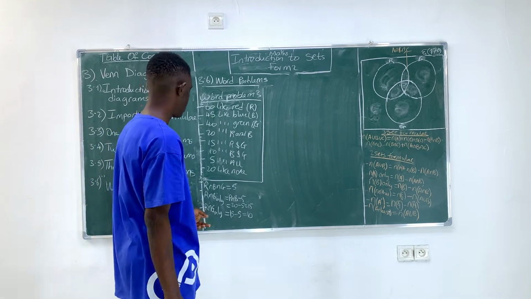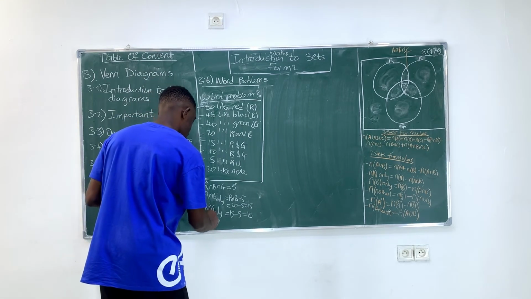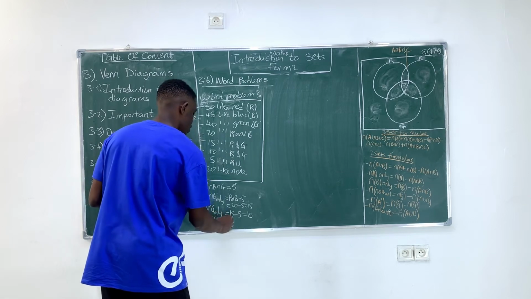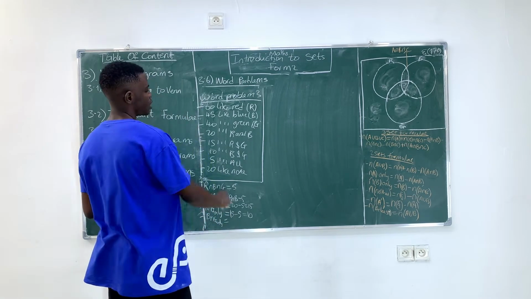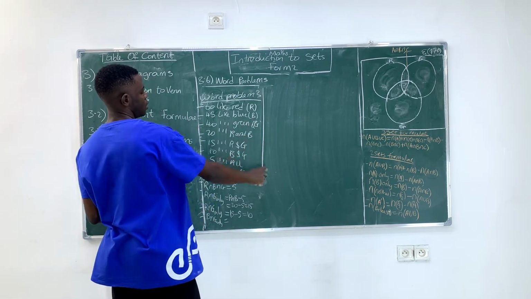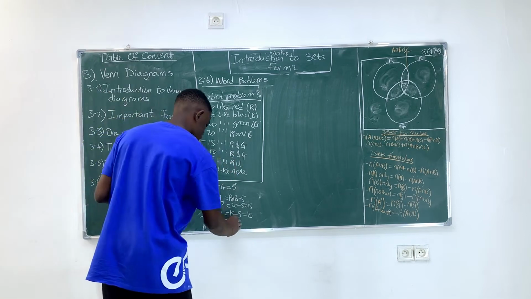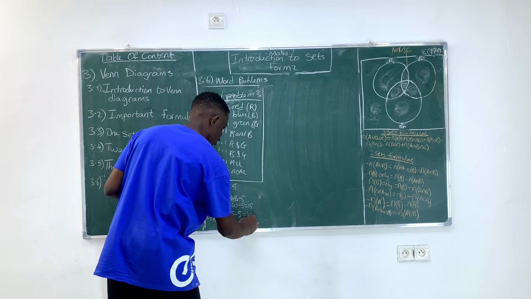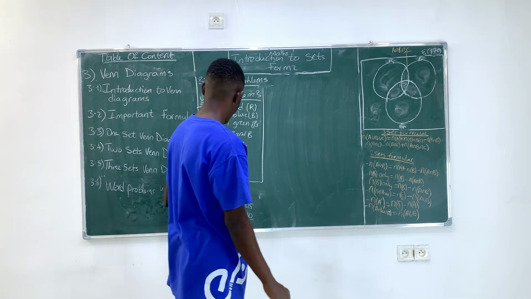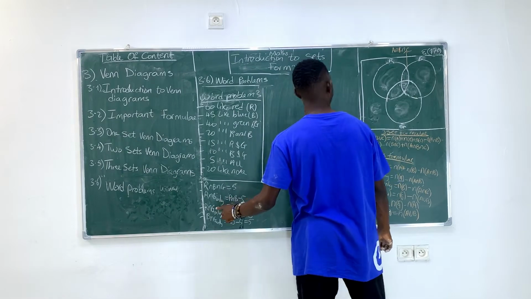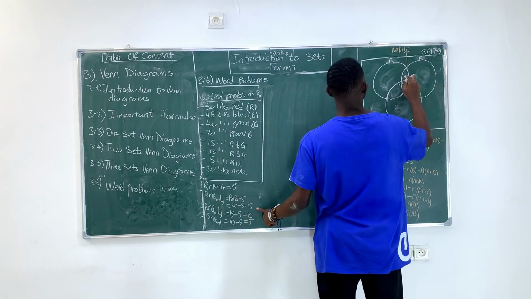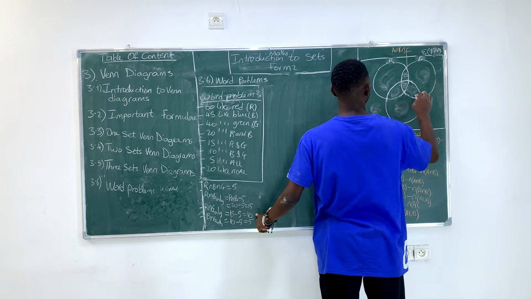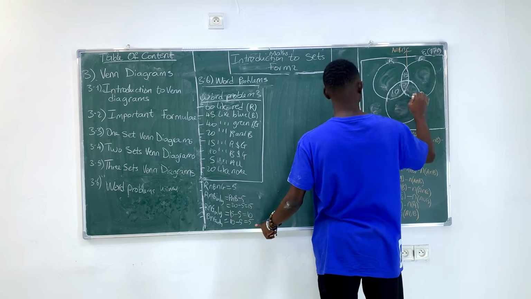The last one is B intersection G only, which is equal to B intersection G, 10, minus this 5, equals 5. So R and B is 15, R and G is 10, and the other is 5.